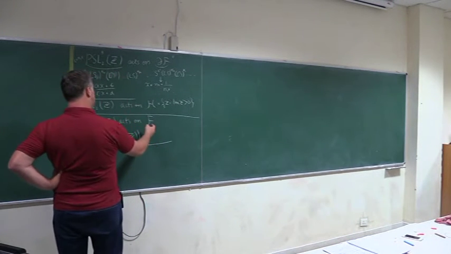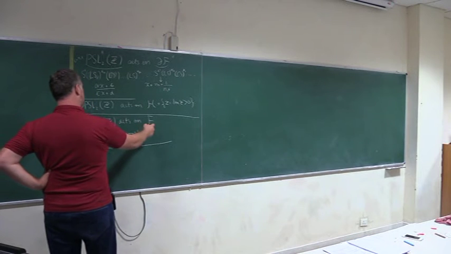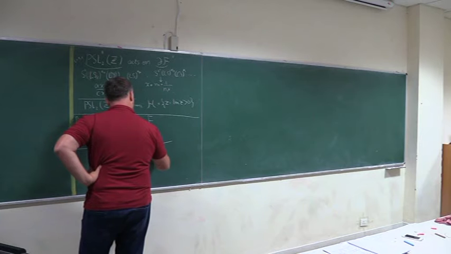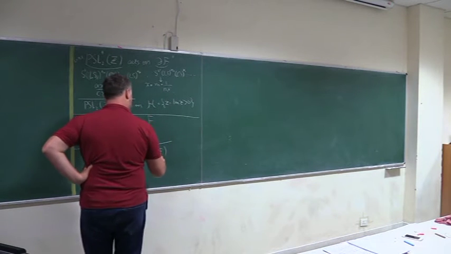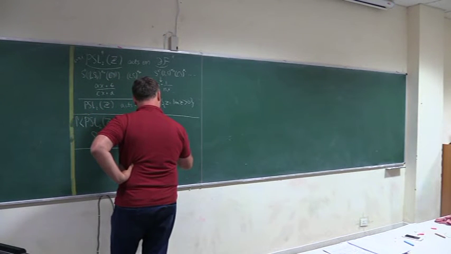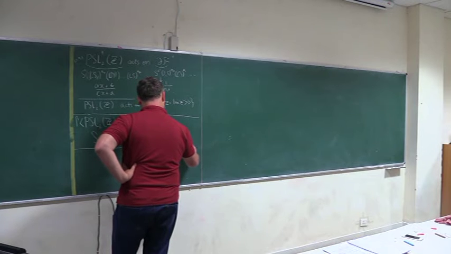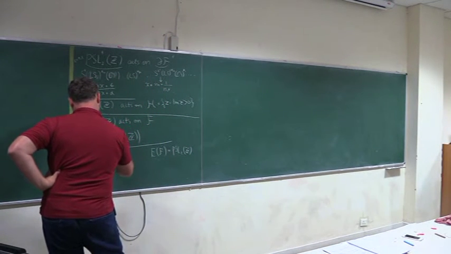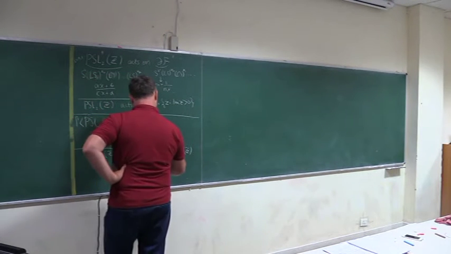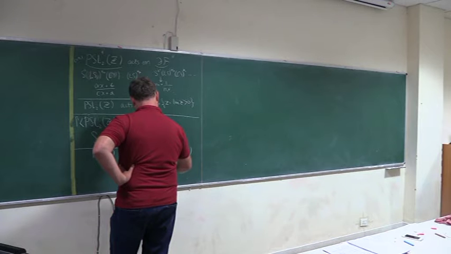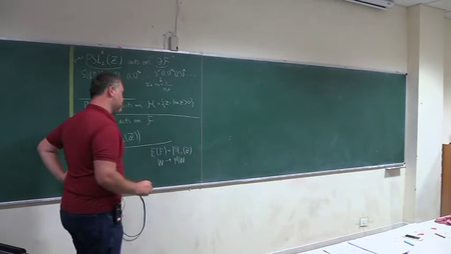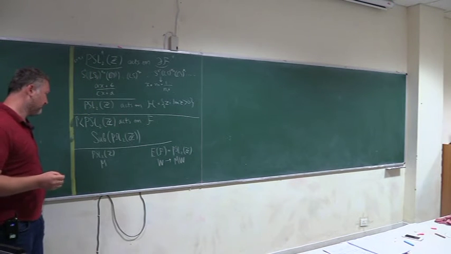So what was the action of PSL2Z on F? Edges of F were simply indexed by the set PSL2Z, and if I have an element M here, then it sends an edge named W simply to the edge named M times W. This is my action.